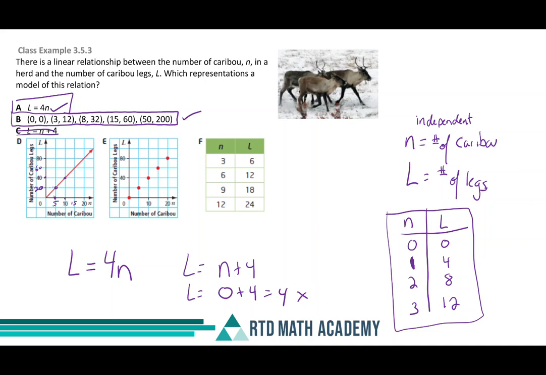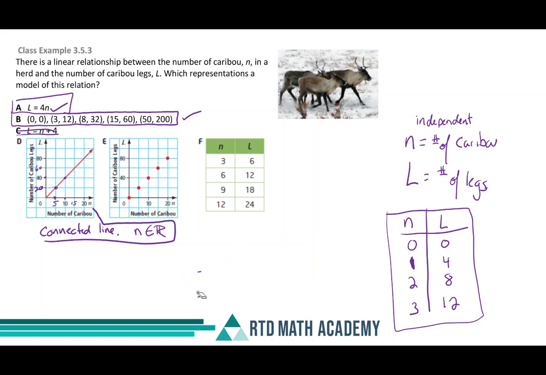But here's the problem. This is a connected line. And a connected line indicates that we can have any number in the reals, right? So we should be able to say that the number of caribou is an element of the reals if we have a connected line. But I've never seen half a caribou that's alive. So we can have 1 caribou, 2 caribou, 3 caribou, whole numbers of caribou.